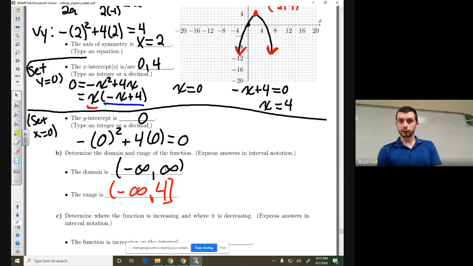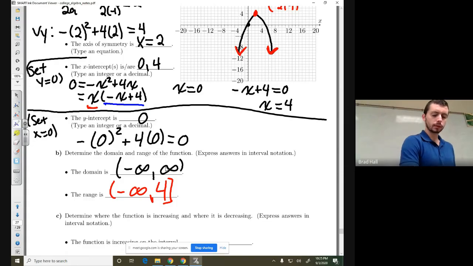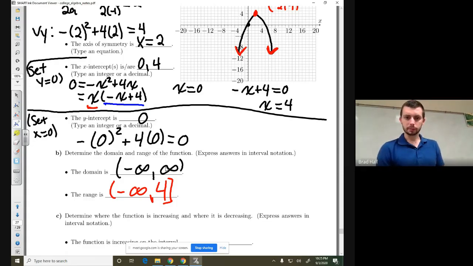And also figure out the increasing and decreasing intervals the same way we did before. For increasing, again, think about it as a roller coaster. When are you increasing in height? It's where I shaded the graph in blue. So what is that interval?